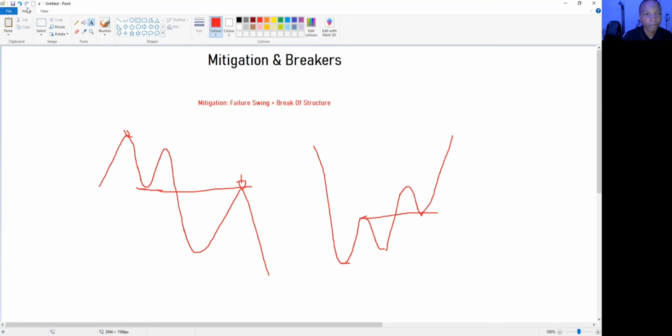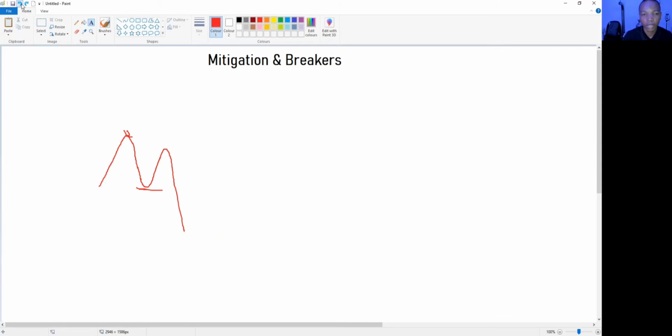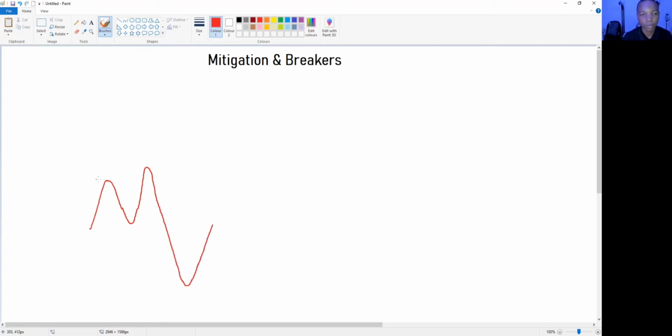Now, a breaker. Let me quickly remove everything. Let's say you're in an uptrend. This is your swing high. It creates a swing low, breaks above, only for that to be a liquidity sweep, and then it will come back. So you have a swing high over here, which obviously represents buy stop liquidity.